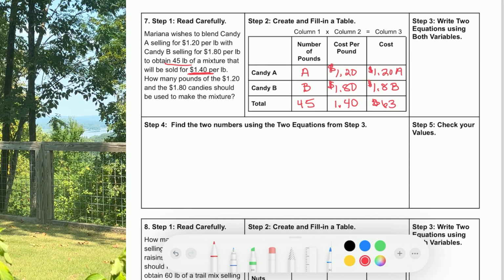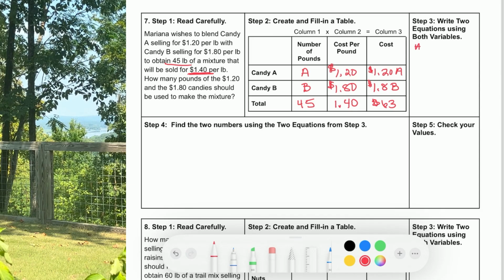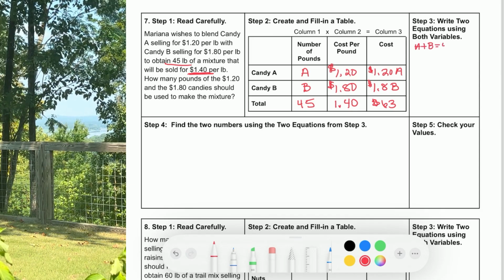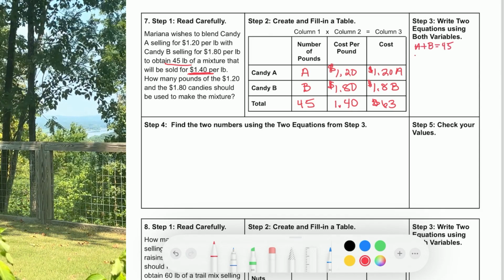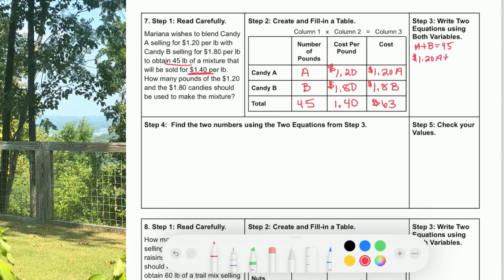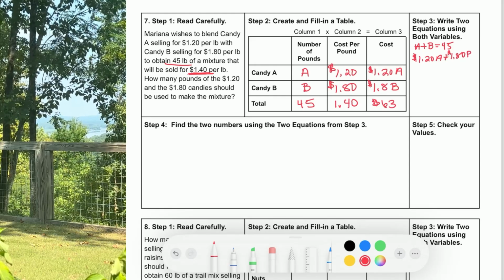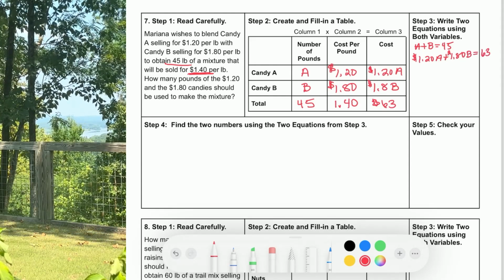Now we have our first column and our third column to create our equations. So I have A plus B equals 45, and I have $1.20A plus $1.80B equals $63.